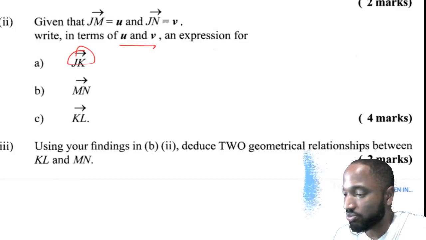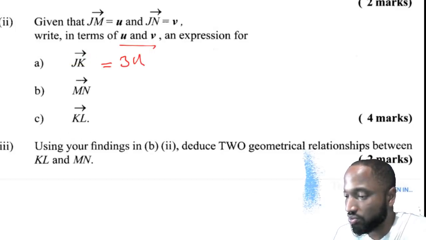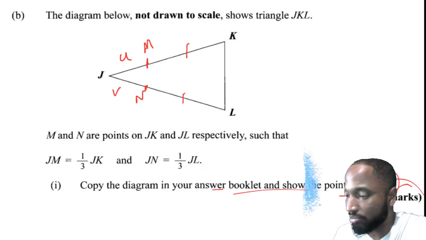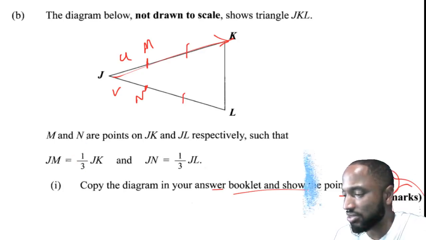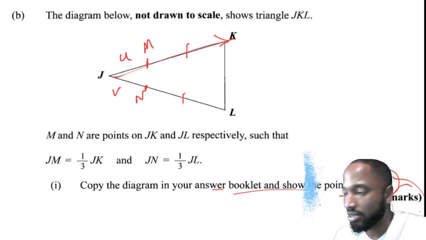JK will be 3u. If JM is u and you're going to K, which is 3 times JM, it will be equal to 3u. So we go to that.